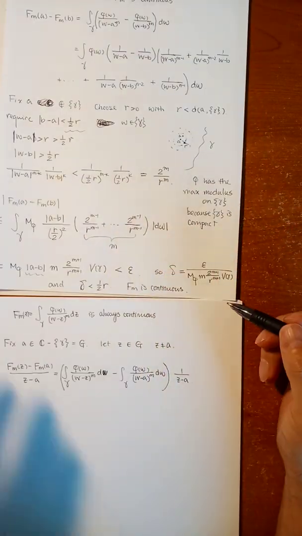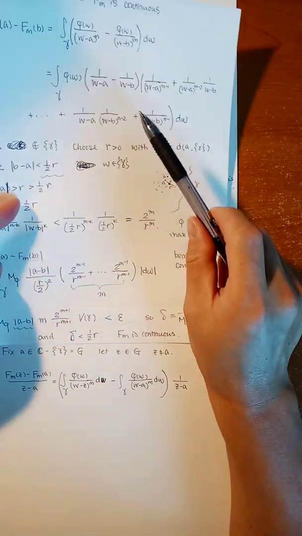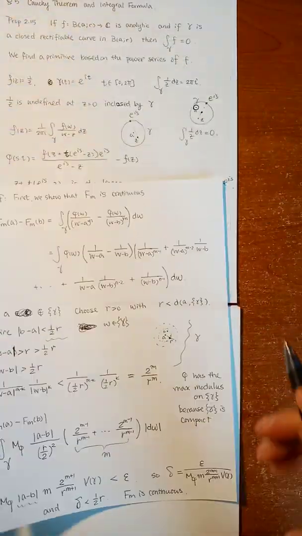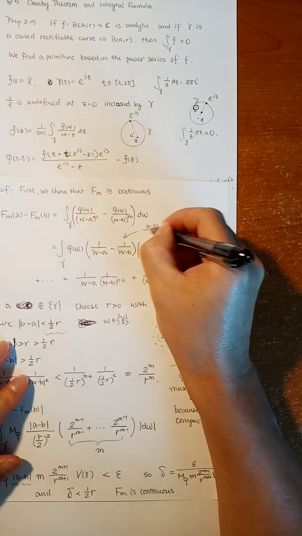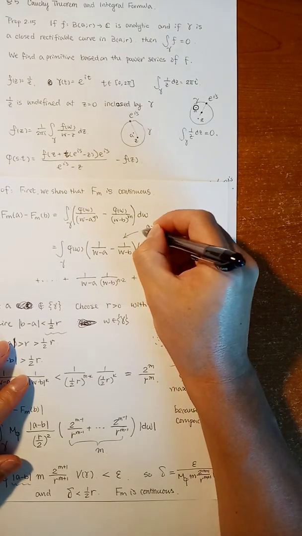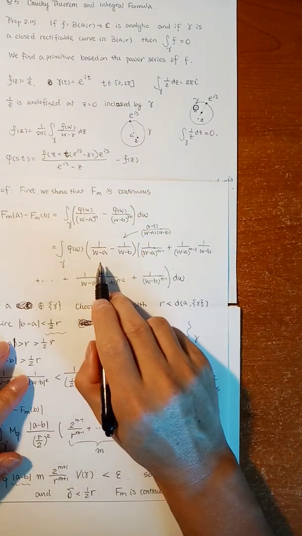Well, let's check. We can recycle some computation. You see, in this part, I didn't write it completely, but this one is equal to a minus b over w minus a, w minus b.